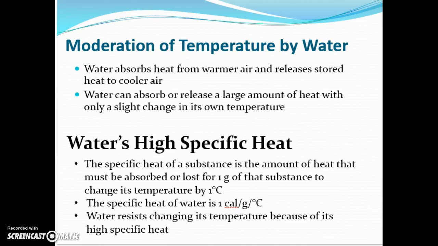What that means is, the specific heat of a substance is the amount of heat that has to be absorbed or lost for 1 gram of that substance to change its temperature by 1 degree centigrade. The specific heat of water is the standard. It's 1 calorie per gram per centigrade degree. So water resists changing its temperature because it has a very high specific heat.